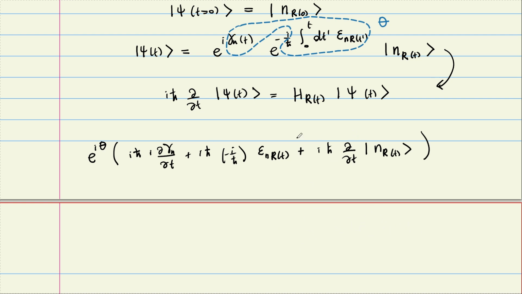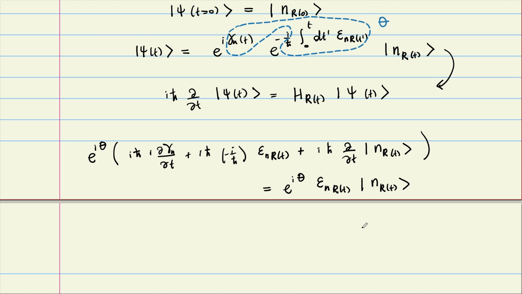So this is the left-hand side, and the right-hand side is going to be e to the i theta, right? This overall phase is going to just move around the Hamiltonian, it doesn't mind. And the Hamiltonian acting on n of R is going to give e n of R of t times n of R of t.